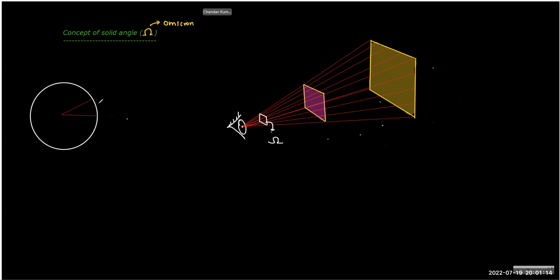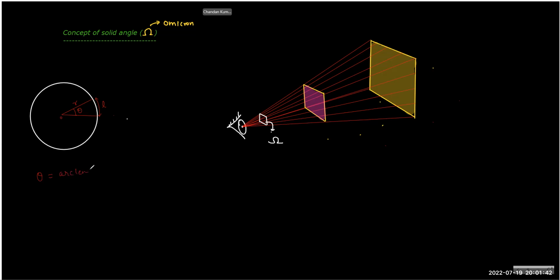This arc length and this radius are subtending some angle at the center, and this is called the plane angle, which we express in radian.